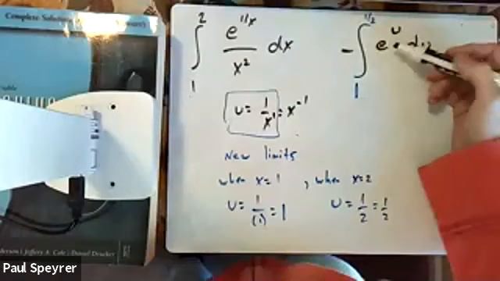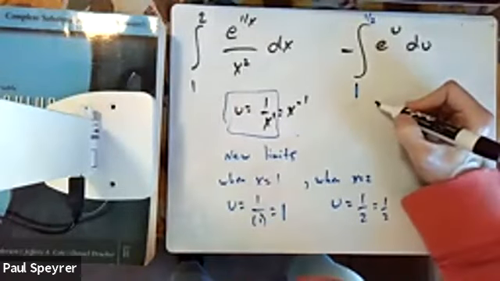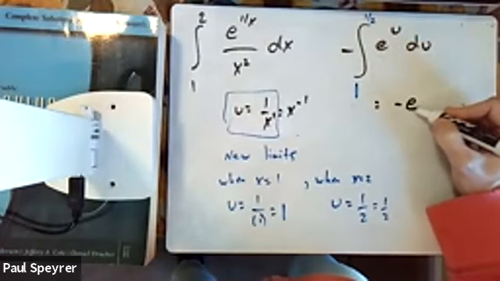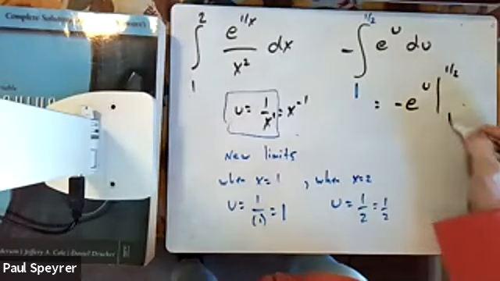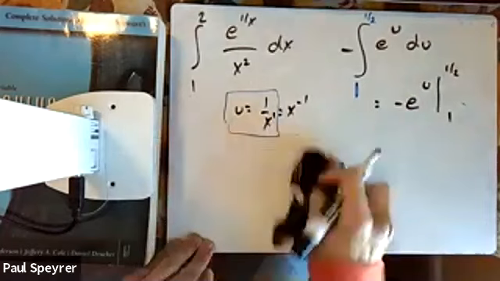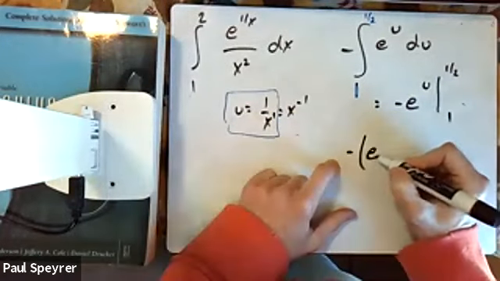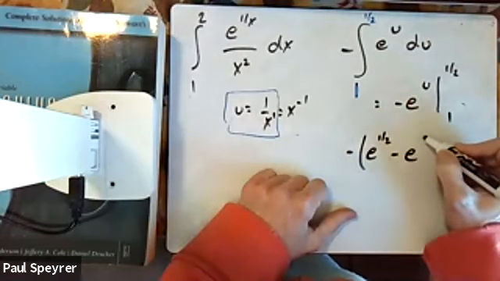So let's go ahead and take this antiderivative. What's the antiderivative of e to the u? It's just e to the u, right? We still have the negative, so we have negative e to the u, and we're evaluating from 1/2 to 1. So watch the signs right here, especially with this negative. So you're going to have negative and then e to the 1/2 minus e to the first power.